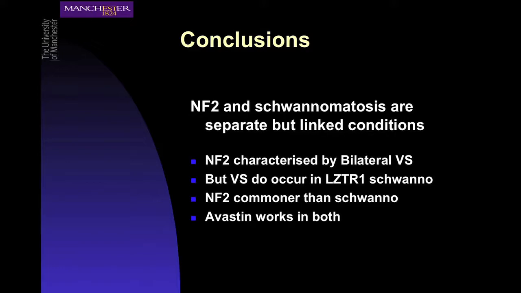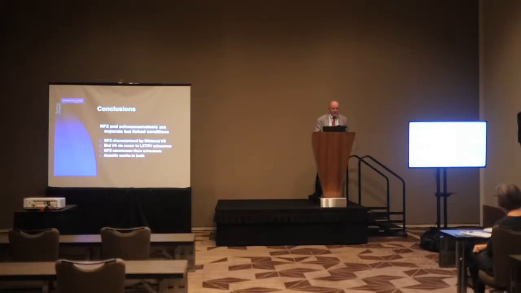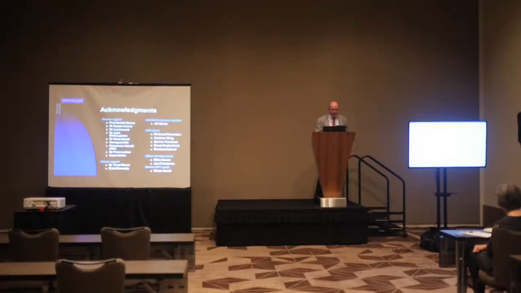And although NF2 is characterized by bilateral vestibular schwannomas, you can get vestibular schwannomas, particularly in LZTR1-related schwannomatosis. And NF2, I believe, is still commoner than schwannomatosis, which is a little bit different to the literature that you read, and Avastin potentially is a drug that will work for both, and Jayshree has published a case report of this being effective as well.